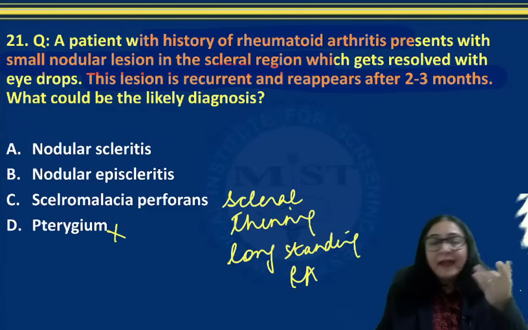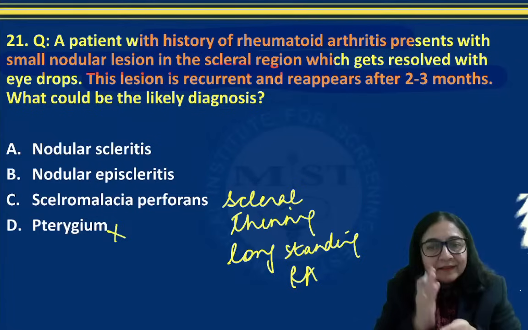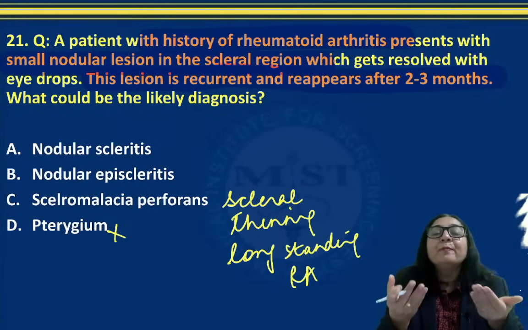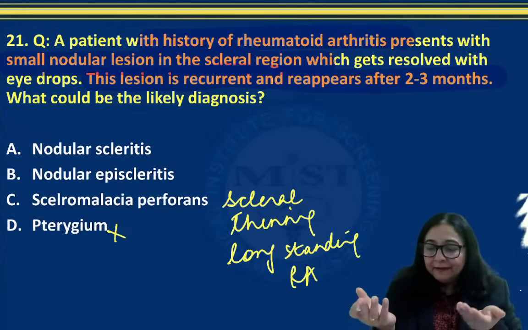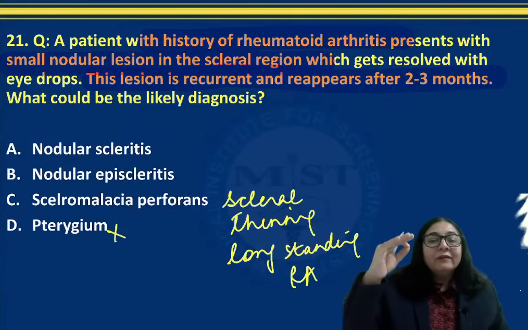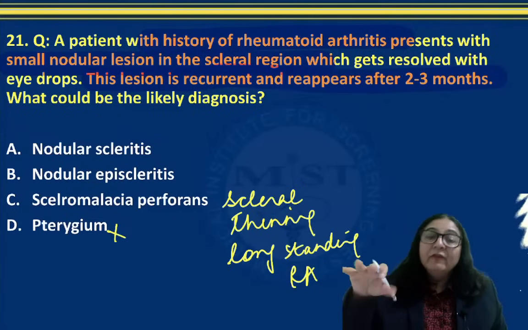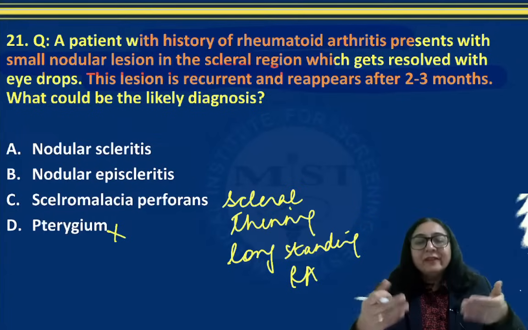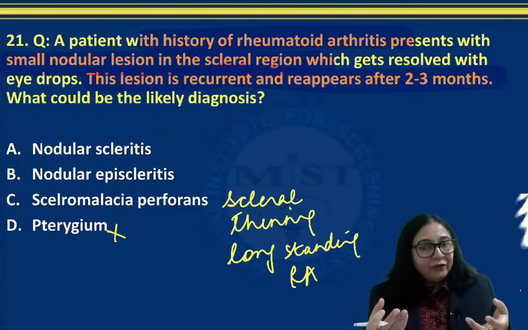Now, I have always told in the class the difference between scleritis and episcleritis. Episclera is the superficial part of the sclera. When the inflammation involves only the superficial part, we call it episcleritis, whereas when it is deep, it is called scleritis. Superficial will be milder and responsive to the eye drops.